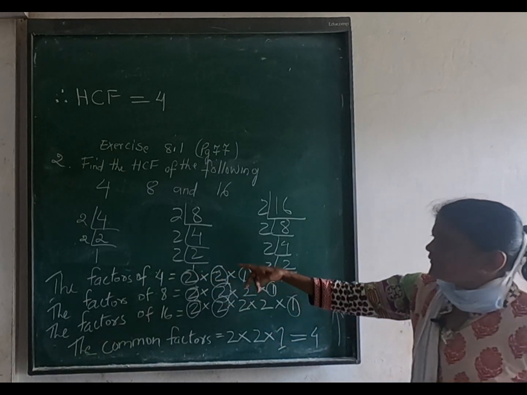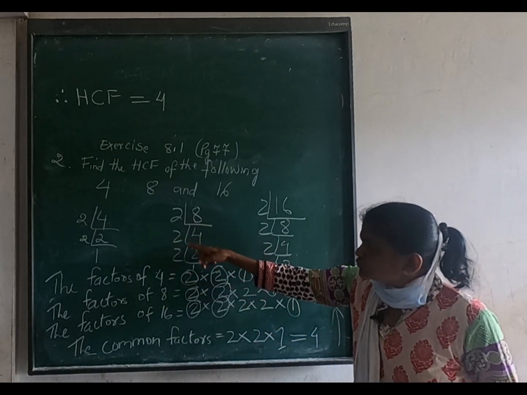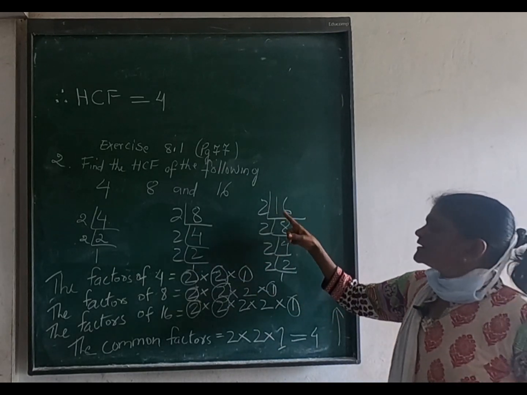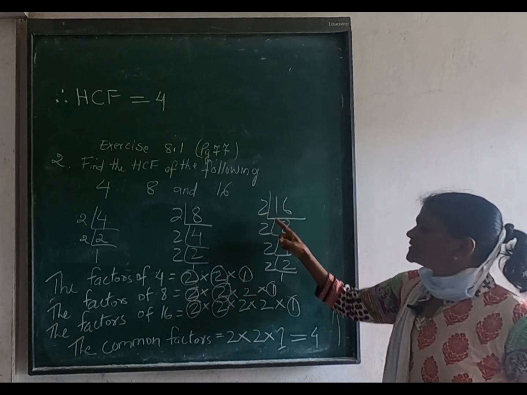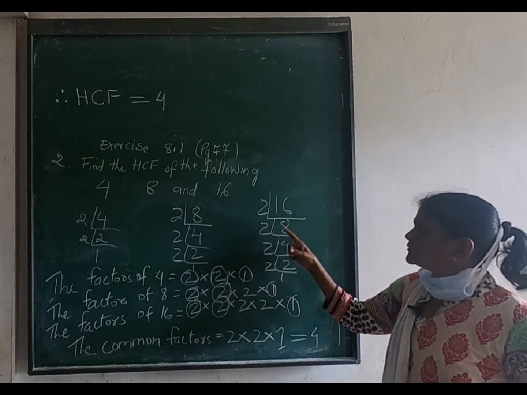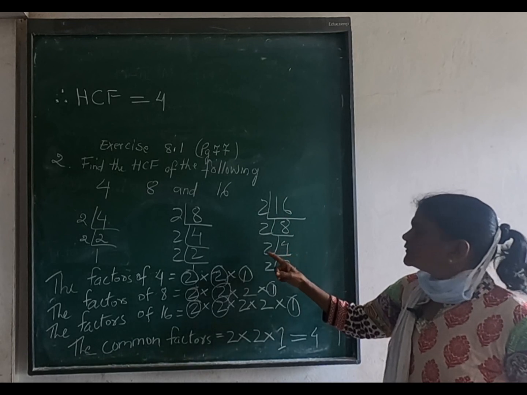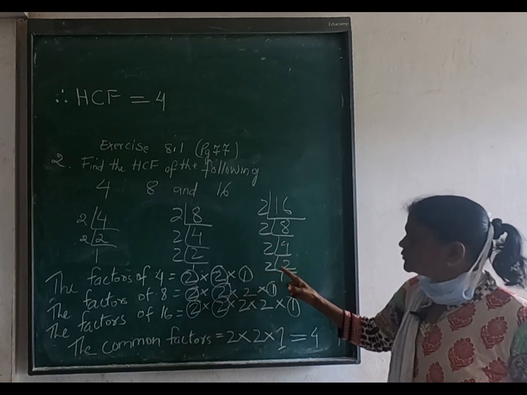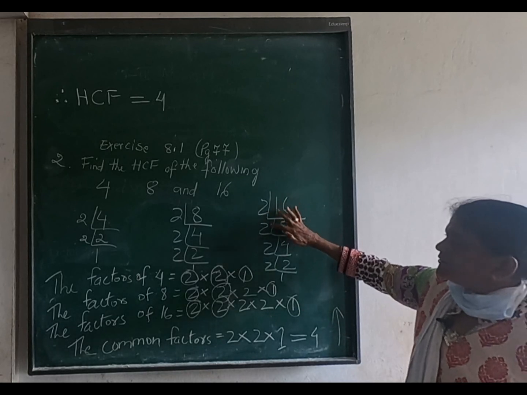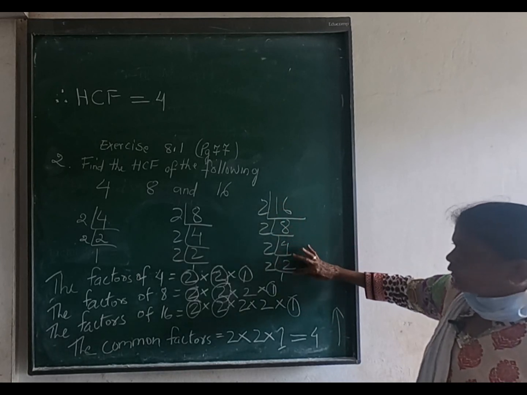So in this case I get the factors 2, 2, 2 and 1. And here you see 16. 2 eights are 16. Then 8 divided by 2, we get 4. 4 divided by 2, we get 2. 2 divided by 2, we get 1. So the factors are 2, 2, 2, 2 and 1.